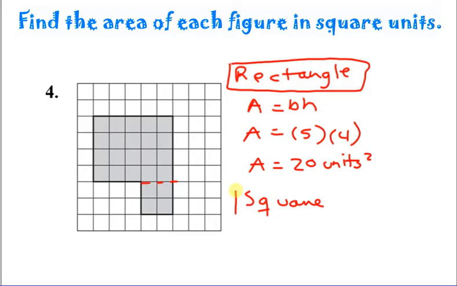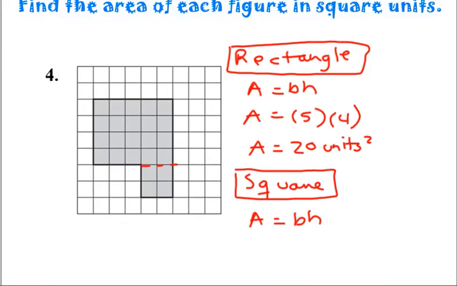Now I have the square. What do I know about a square? Area equals base times height. Okay, so area equals, the base of this square is 1, 2 units, and the height is 1, 2 units. So area equals 2 times 2 is 4, 4 units squared because it's area.